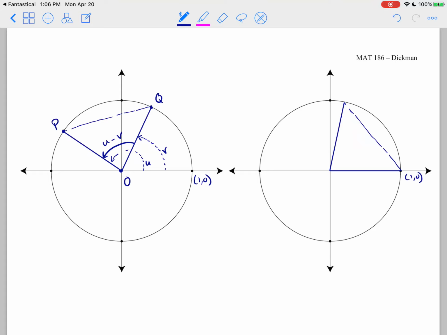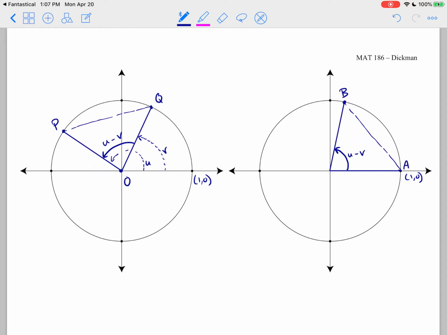Okay, and this angle right here is again U minus V. Okay, so using a skill from geometry, actually, I know we hardly ever do that, but using a skill from geometry, we know that these triangles are congruent, and let me label this point B, and let's label this point A.